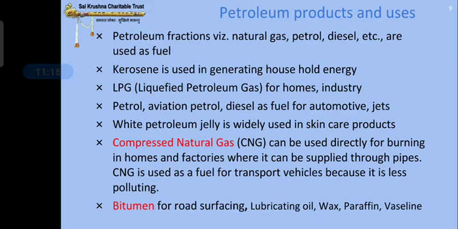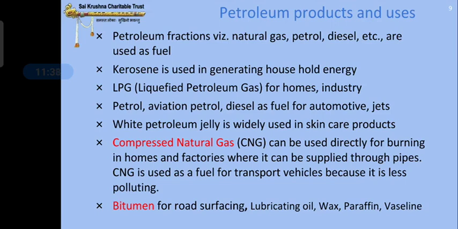And LPG, what is LPG? Liquefied petroleum gas. You use it for homes and industries. In homes, you use it for cooking, right? And aviation petrol and diesel are used as fuel for automotive jets. So for jets, aeroplanes and all, we make use of petrol and diesel.